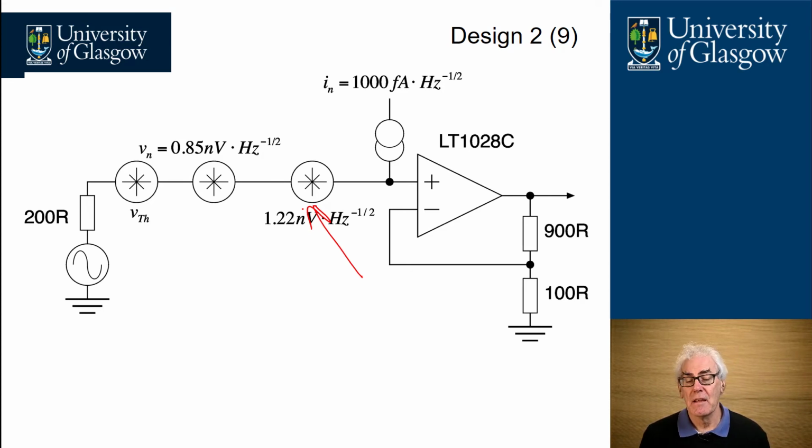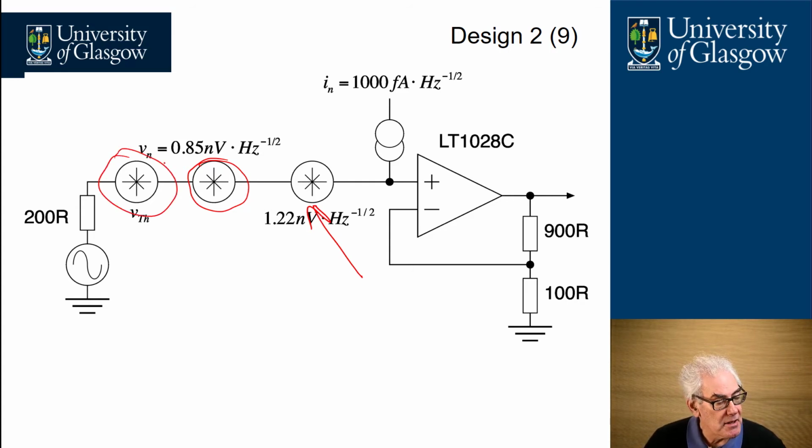Going through the same steps before, we can now add in the noise attributed from the feedback resistors and the current flowing into the inverting amplifier node as a 1.22 nanovolt per root hertz voltage source here, which is in series with the amplifier noise of 0.85 nanovolts per root hertz and the Thevenin noise source from the 200 ohms.